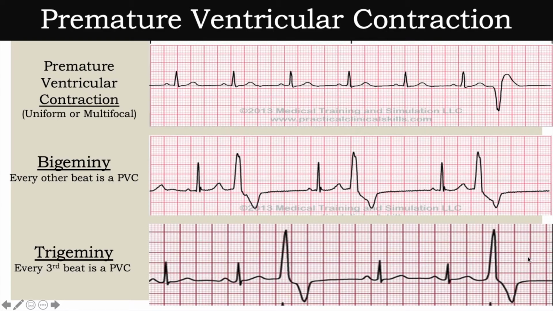Two regular beats, the third one is a PVC. Okay, so that's what is meant by bigeminy and trigeminy, and then uniform or multifocal. In this case, this strip is going to be a uniform bigeminy PVC, and the bottom one will be a uniform trigeminy PVC, because they're both identical to one another. Okay.